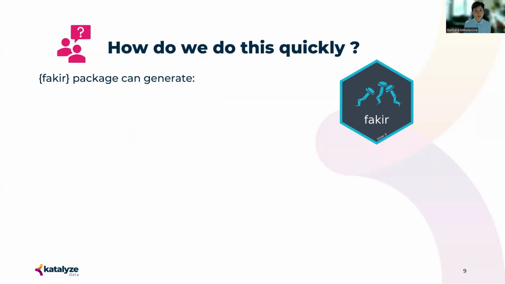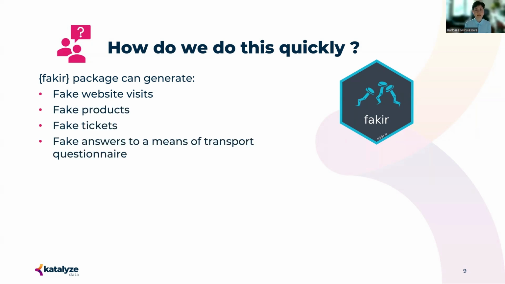The second package, Fakeyear, is great for situations where you need to test interactive elements of your layout, but do not have the right dataset at hand. With this package, we can generate datasets for fake website visits, fake products, tickets, even answers to a means of transport questionnaire, or a fake transport use dataset.